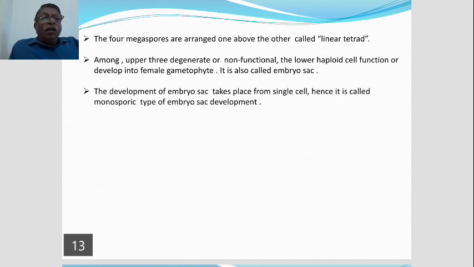The lower cell, haploid cell, only becomes functional and develops into female gametophyte or embryo sac. Okay. So refer the diagram. You can see in the first diagram MMC, second diagram dyad, third diagram linear tetrad.